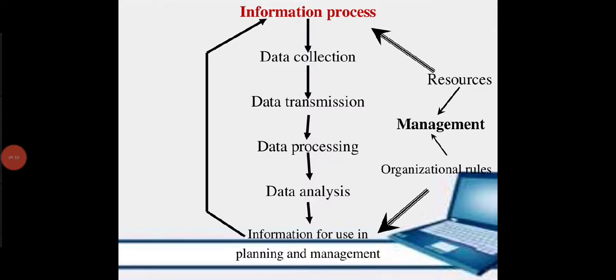And this will have the organization rules given by the management, by seeing the resources of the information process. Whatever resources you have used to collect the data will come under the management, and they will have certain organization rules, and based on the rules you can use the plan, whatever analysis you got from the information process.